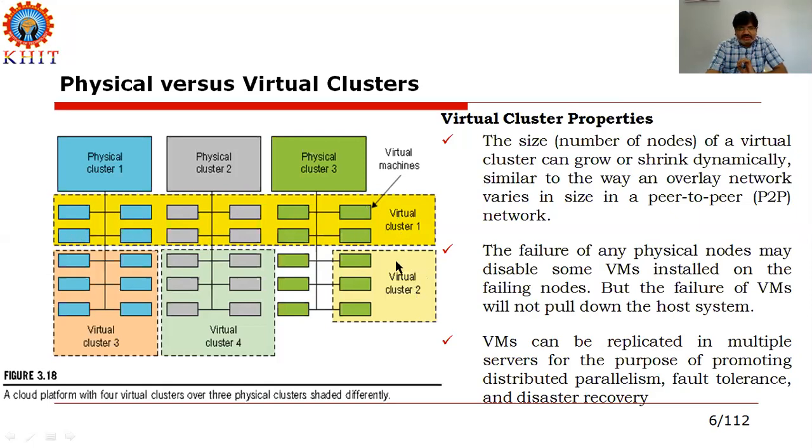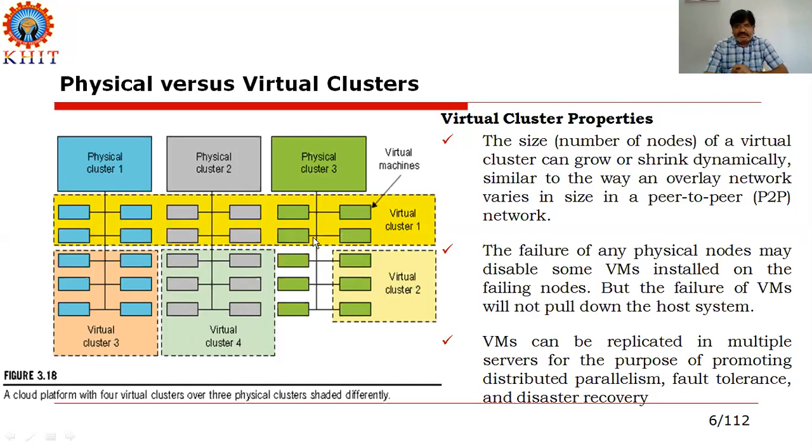Virtual cluster 2 is running with three client machines or server machines. Virtual cluster 3 has 6 machines, whereas virtual cluster 4 is running with 6 different server machines.